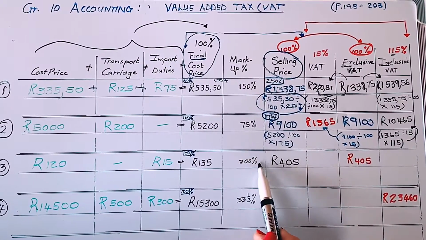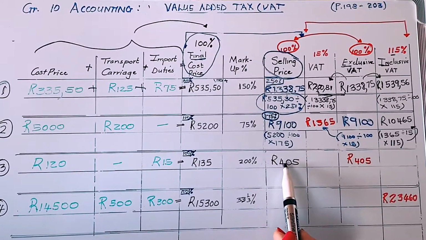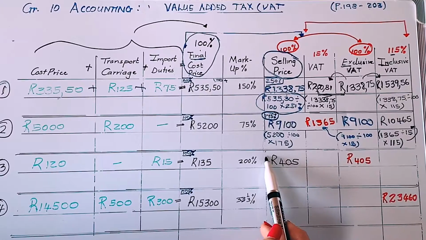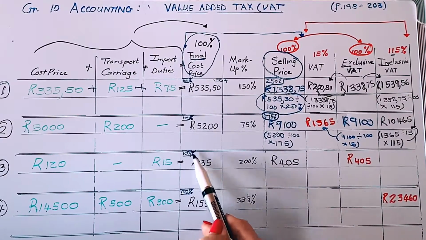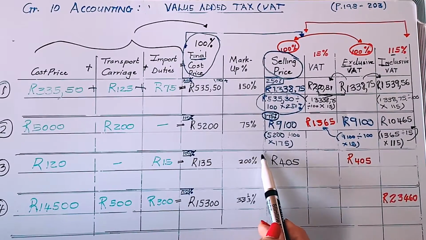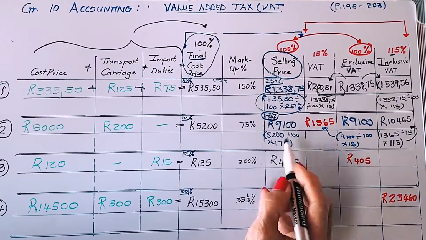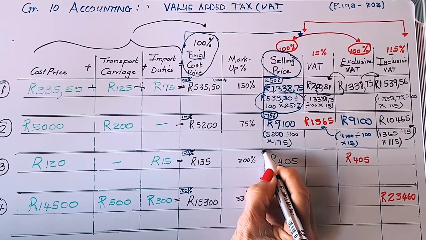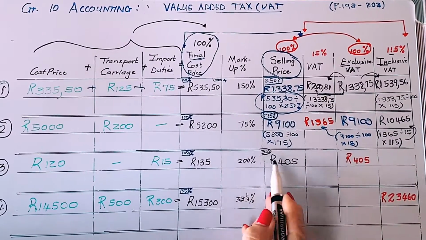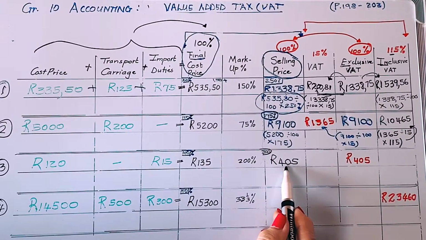If you've applied that, you can test if this is correct by taking this, times it then, divided by 100, 135 divided by 100 times 300. The percentage markup for the selling price will be 300%, and it should give you that amount.